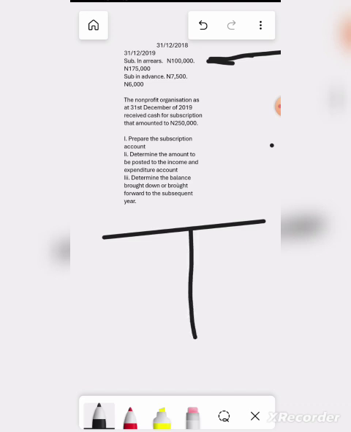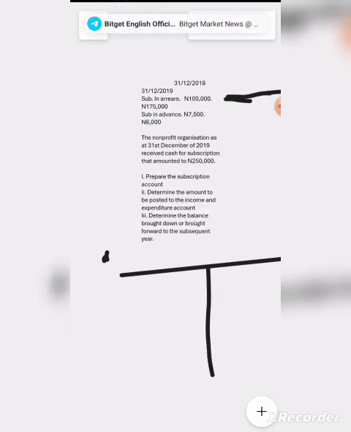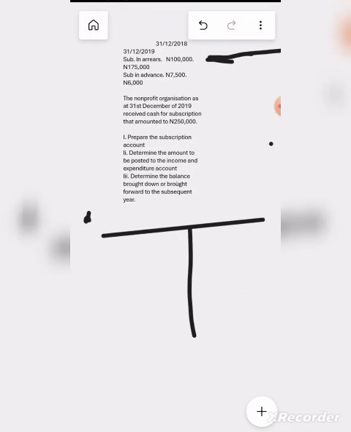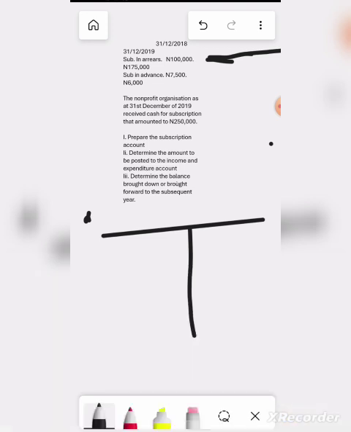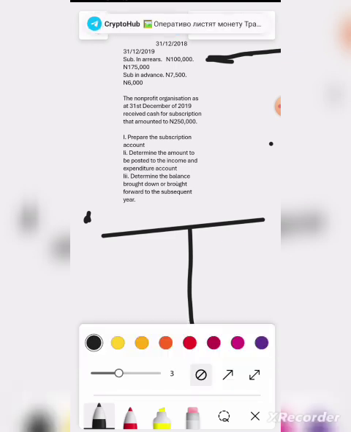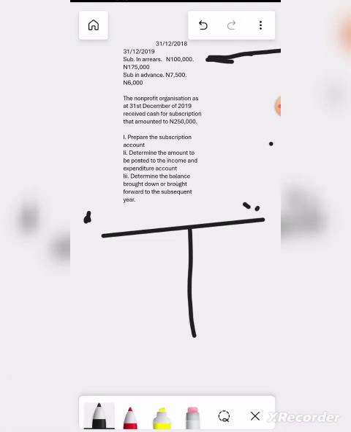So right here I have the debit side, and here we're going to be having the credit side. So we have the credit side, and this is the debit side.